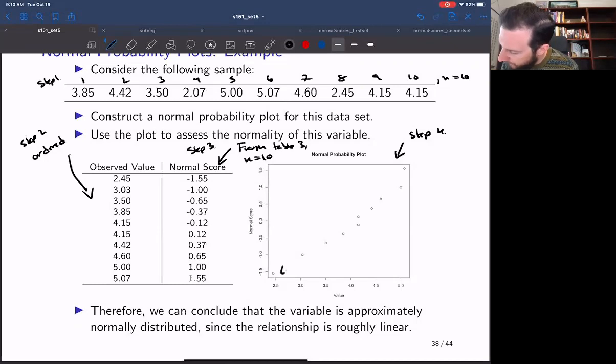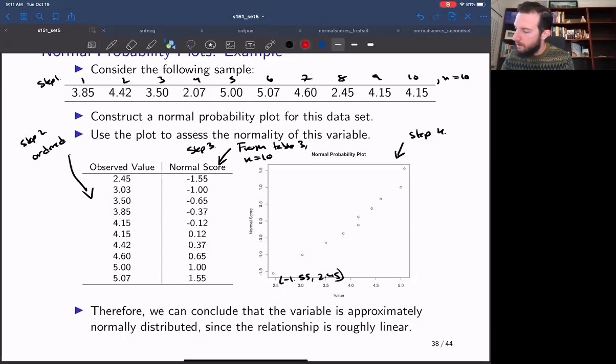Okay, so here, for example, this point is negative 1.55, 2.45. This scatter plot is built in the same way as we had discussed at the end of lecture set 2. The last thing that I need to do is just check to see if this relationship looks linear.